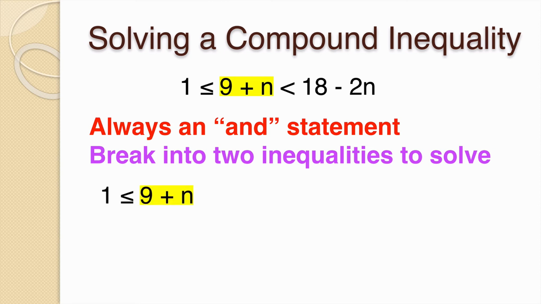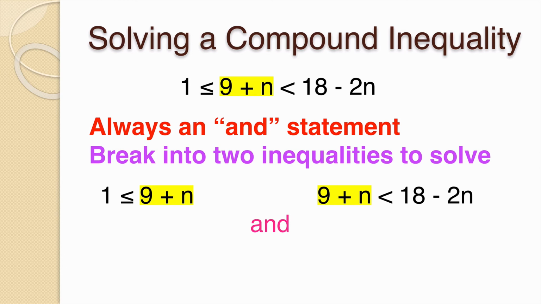So when I break it up, I get 1 is less than or equal to 9 plus n. All of 9 plus n goes with the first part. And because it's a combined, I know it's an and statement. 9 plus n again, take everything within those inequalities is less than 18 minus 2n.